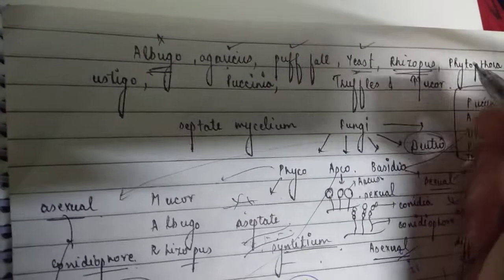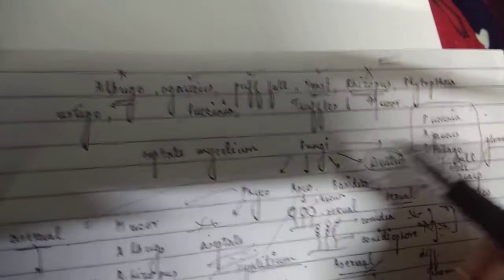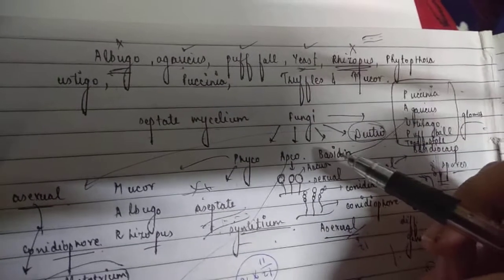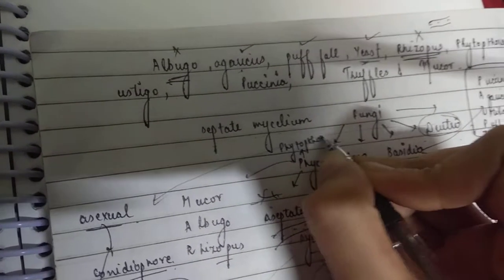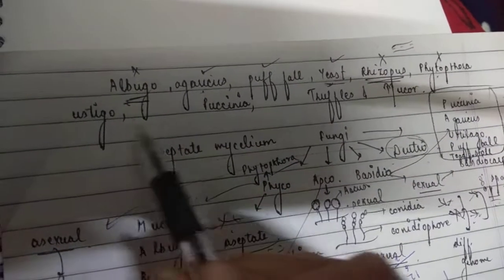Rhizopus is again a Phycomycetes, so it will not be there because it has no septa in between, the multinucleated syncytium condition. Phytophthora is also a Phycomycetes, an additional example, so it will not be present.